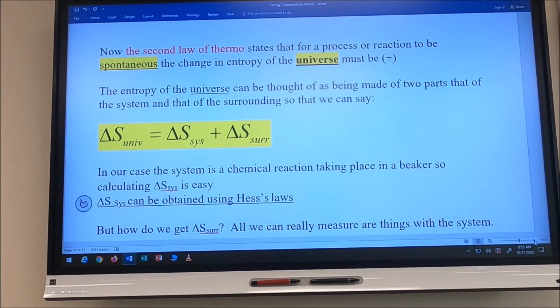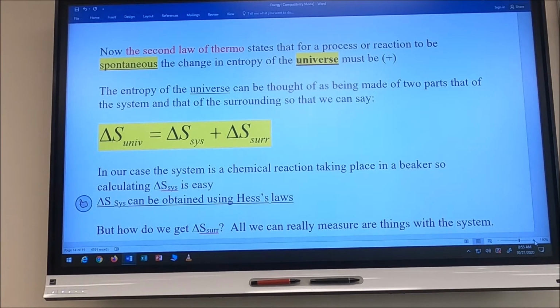This doesn't mean that a process can't be forced to happen if it is non-spontaneous, but if it is non-spontaneous, the change in entropy of the universe is going to be negative, and it's going to have to be a forced situation.